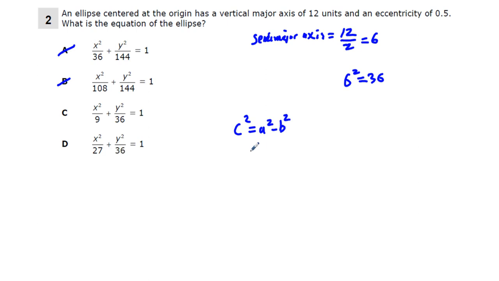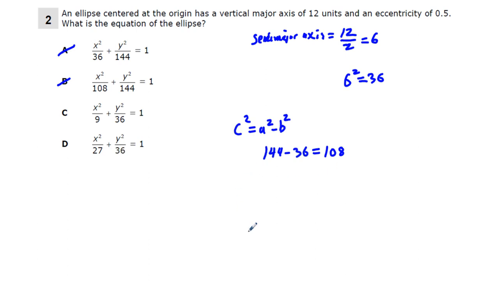Okay, and then if we have C over A, well, if we take A squared, let's take answer choice A. So if we have 144 minus 36 equals 108.